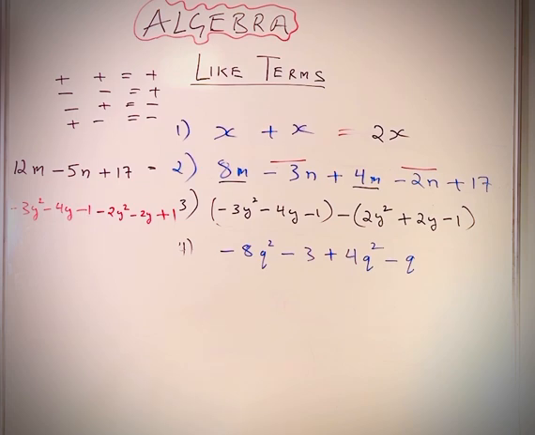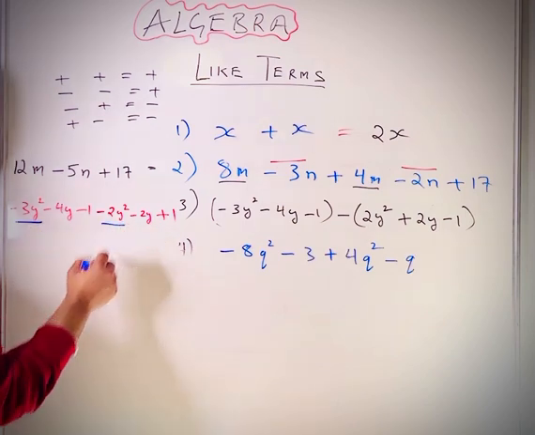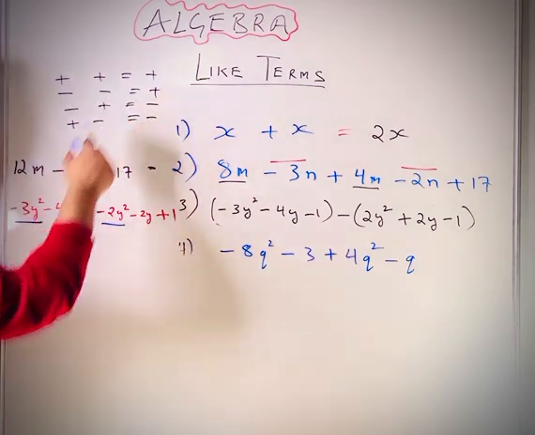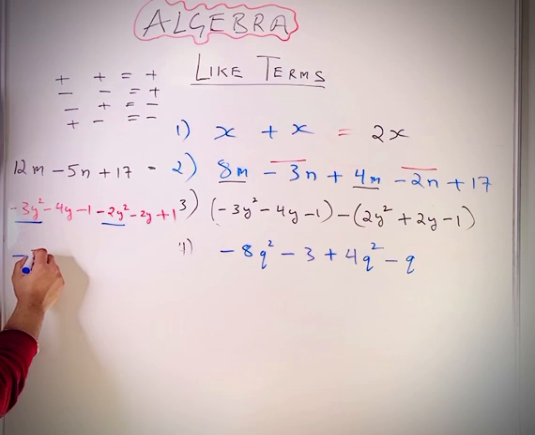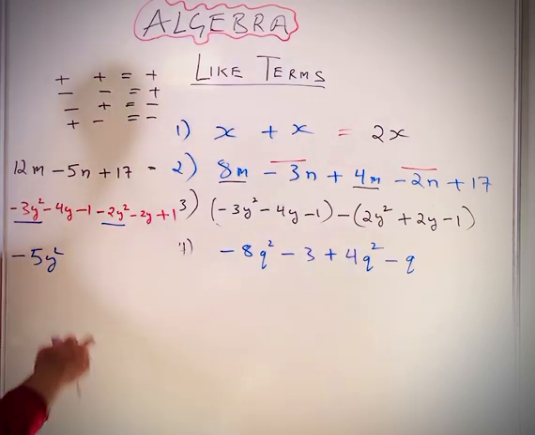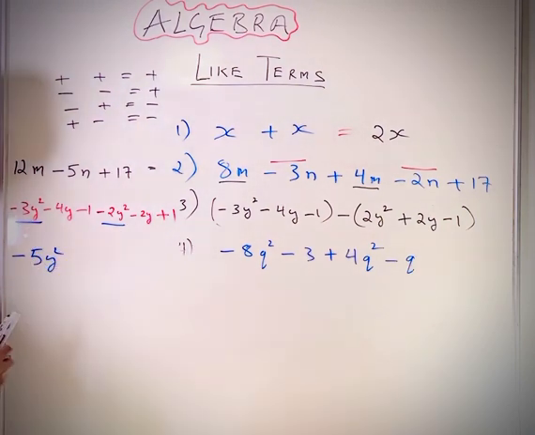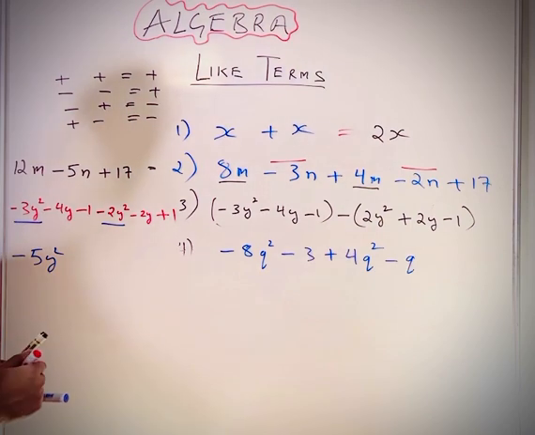Now in this case, we're going to use the like terms. So the like terms are minus 3y squared minus 2y squared, that will be minus 5y squared.